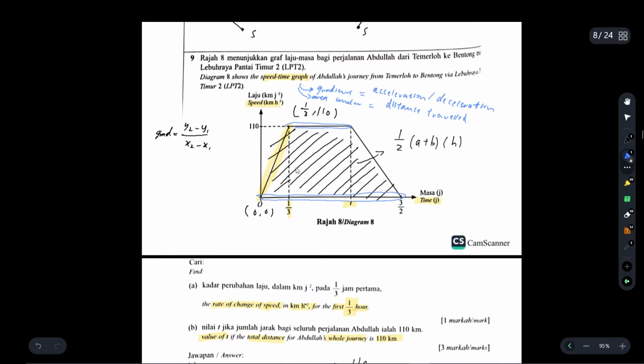This pair is a and b. It doesn't matter whether you call this a or call this b. You just have to make sure that this pair is parallel. The h stands for the height right here, and we already have it, this 110. That's the height.